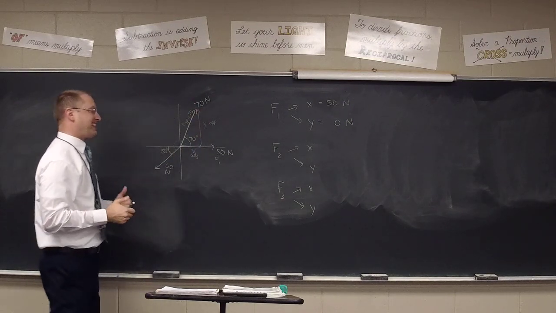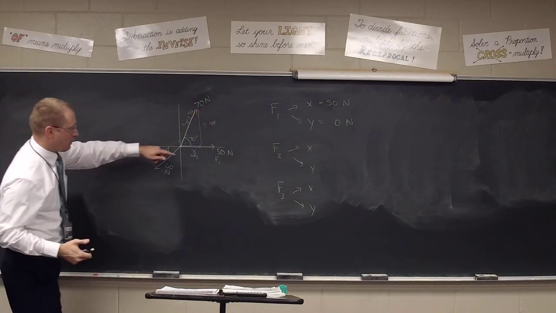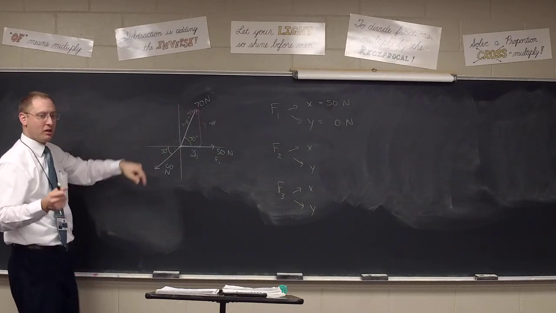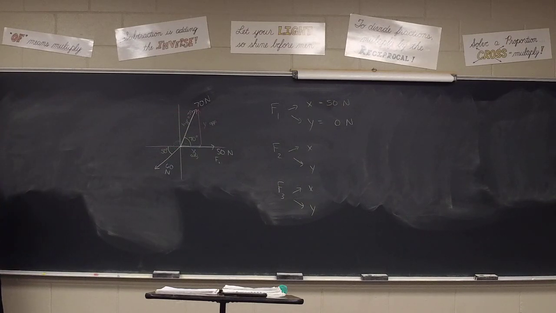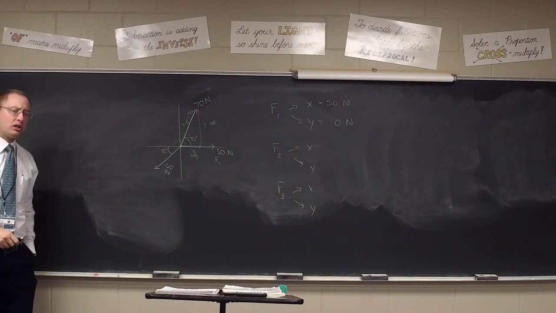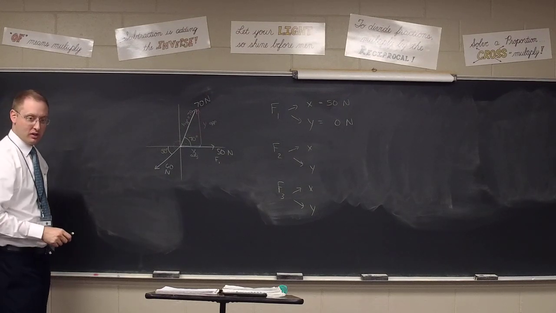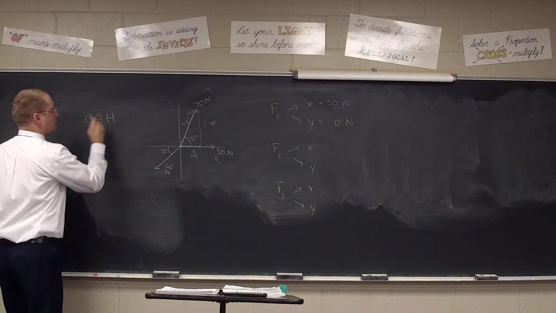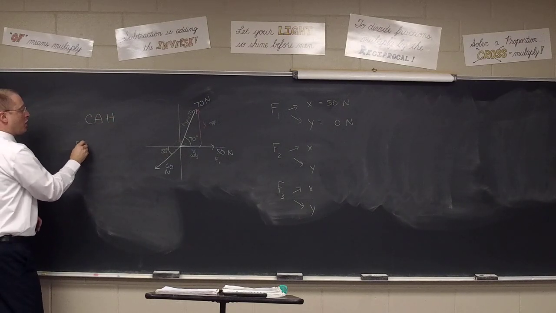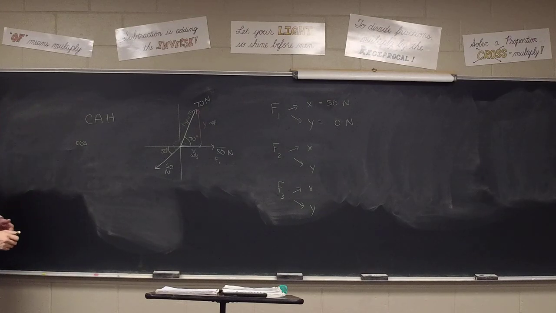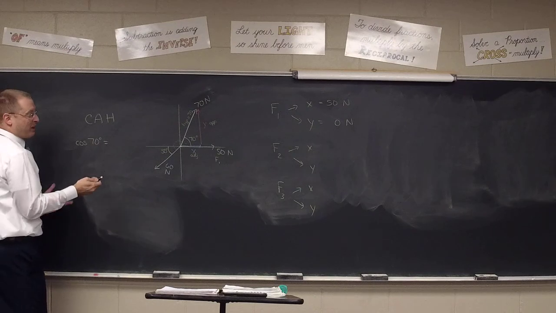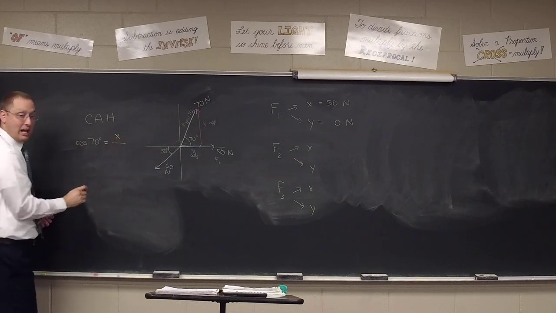So if I wanted to find the x component, I would need the adjacent, but I know the hypotenuse. SOHCAHTOA, adjacent hypotenuse. Which trig ratio, Kendall? Cosine. We know that cosine is adjacent over hypotenuse. So we'll say that the cosine of the angle, in this case a 70 degree angle, is equal to the adjacent, well, I don't know it, it's whatever that force is in the x, right?